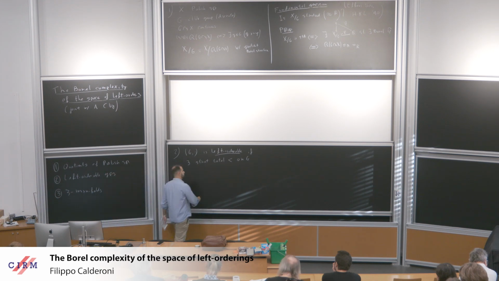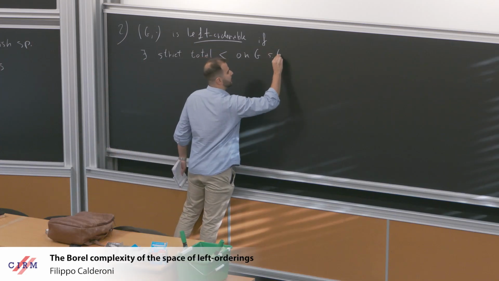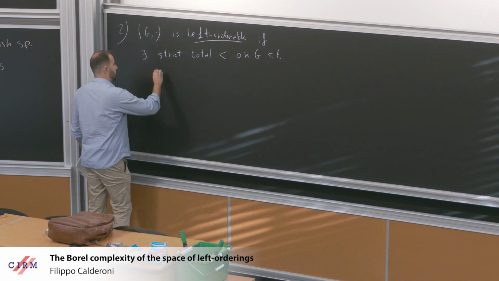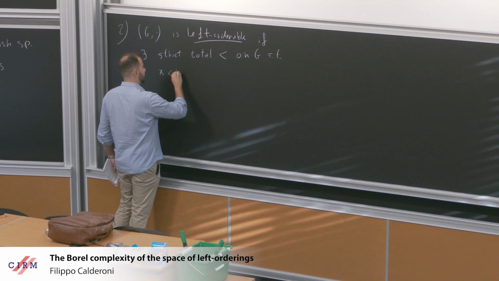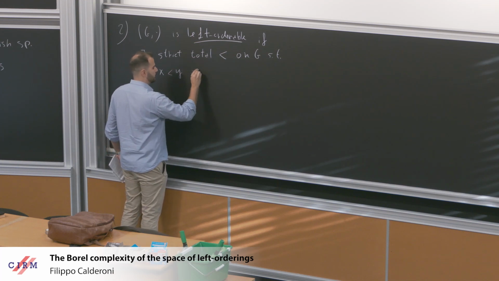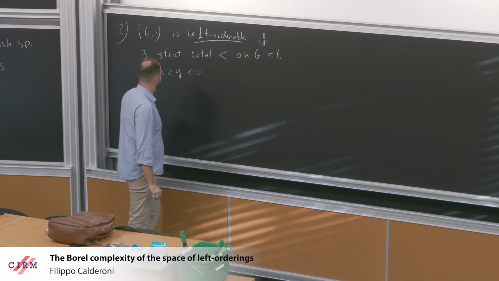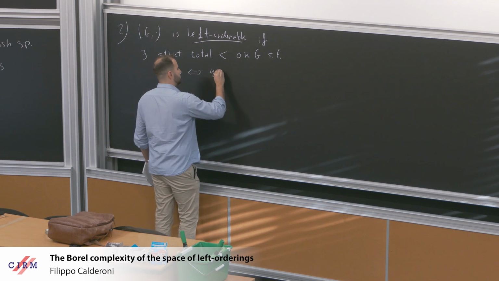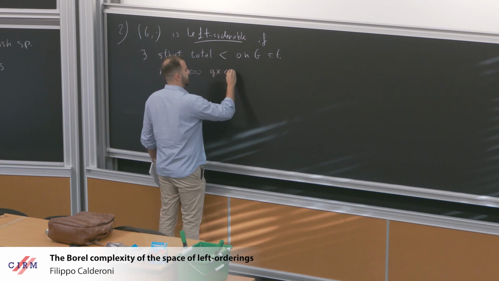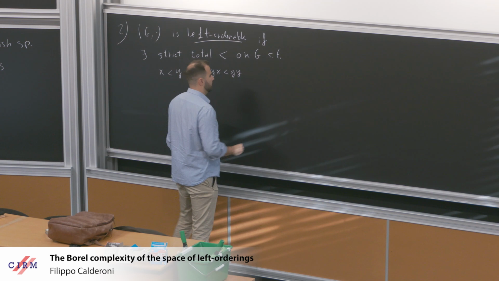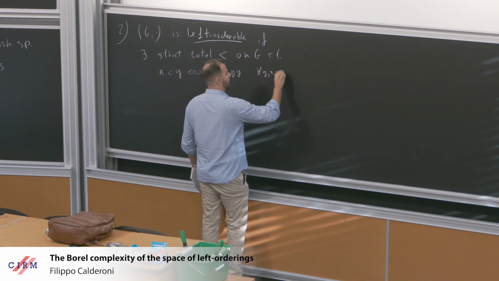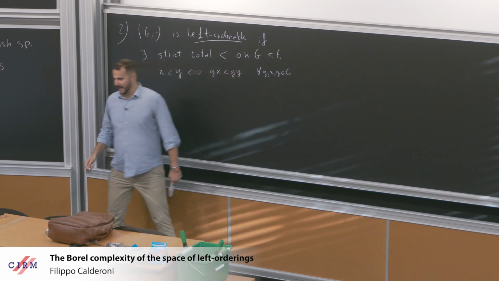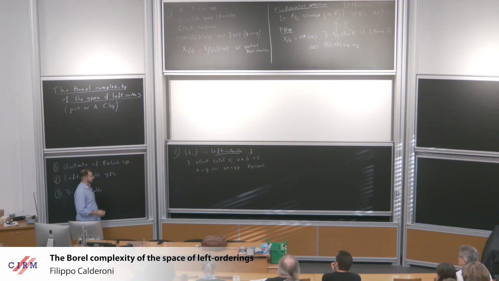So such that for all x and y in G, we have that x is less than y if and only if gx is less than gy, for all g, x, y elements of the group.